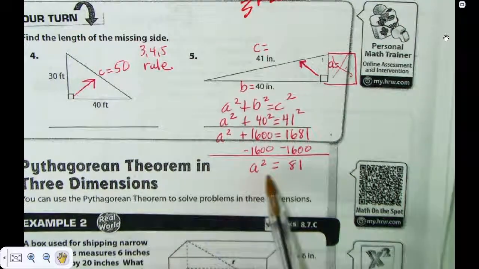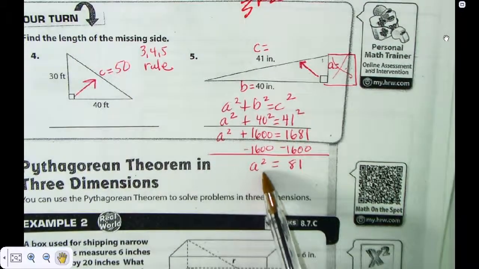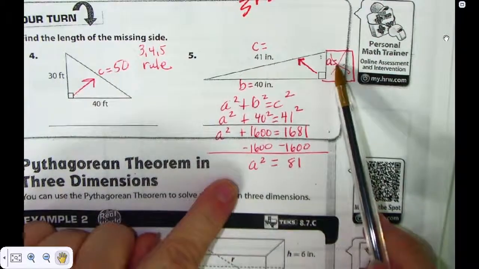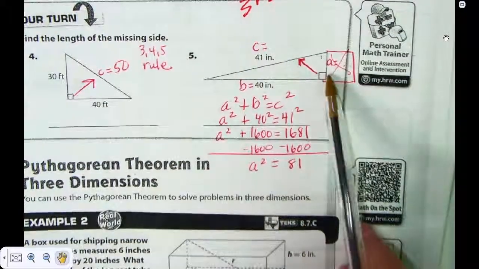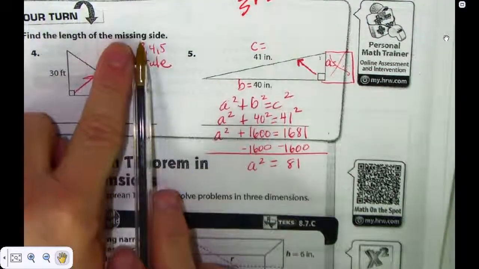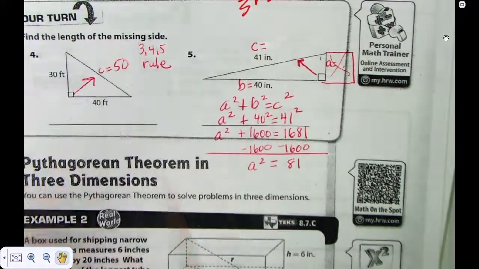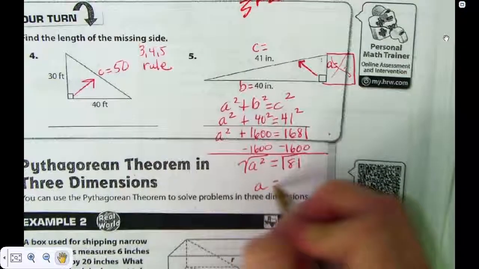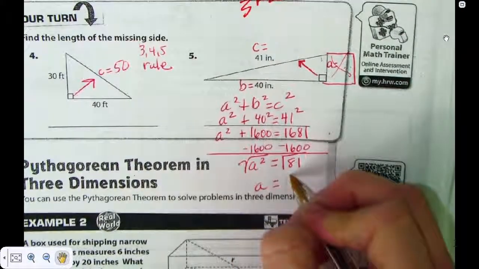So you always stop right there, and you go, am I trying to get the area of that square, or am I trying to get the side length? Oh, I'm trying to get the missing side length. So I need to keep going. And yes, 81's perfect because what'd you get?